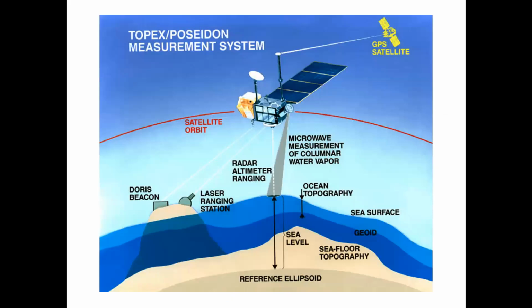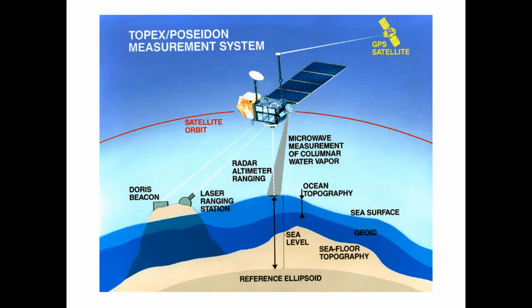So the goal is to measure the sea level, but the sea level with respect to what? Of course, with respect to the spacecraft. And what TOPEX Poseidon did was to send radar pulses, chirps, and compute essentially the travel time between the spacecraft, the sea surface, and back to the spacecraft.